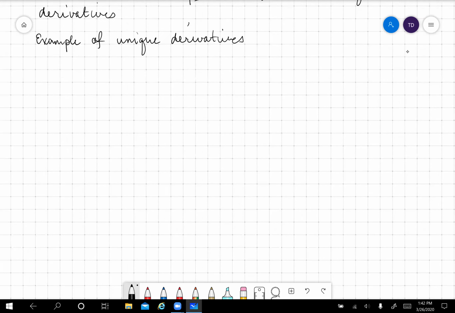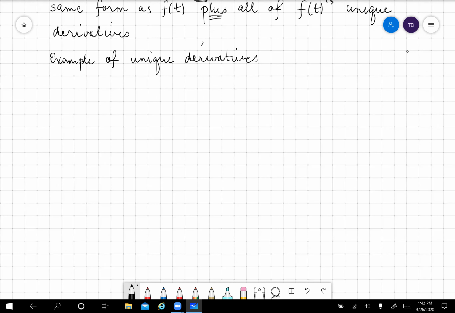When I look at the function, let's pretend f of t equals t squared. Well, the form of this function is a times t squared, where a is a constant. That's the form. But look at the derivative of f of t. The first derivative of f of t is 2t. Don't worry about the constants.